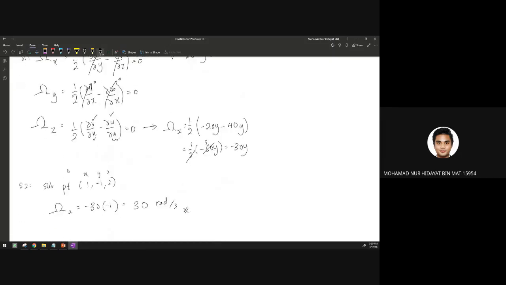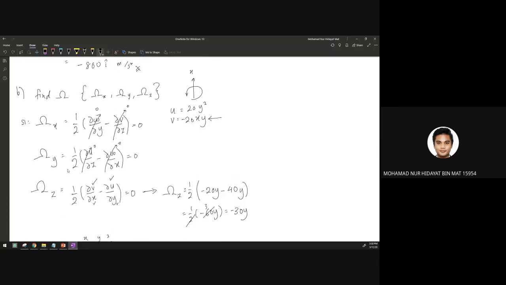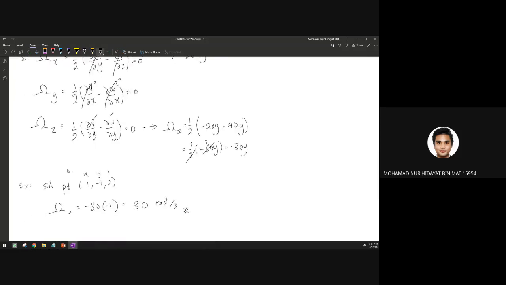So far, are you clear on how we solve it step by step? Step number 1, we formulate the angular velocity in x, y, and z direction, and we check whether we have that component. And finally, once we get the angular velocity in z component, we substitute the value of this coordinate, right?